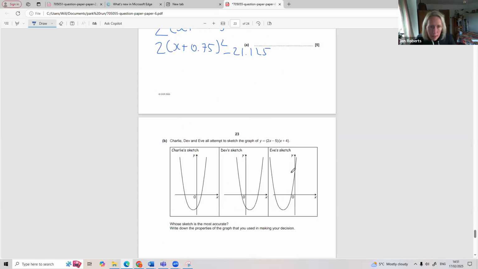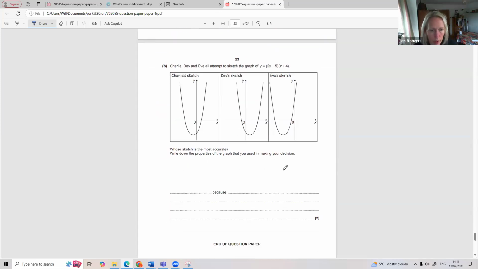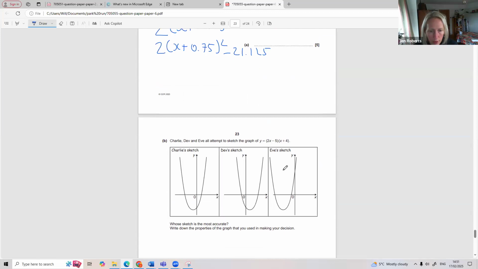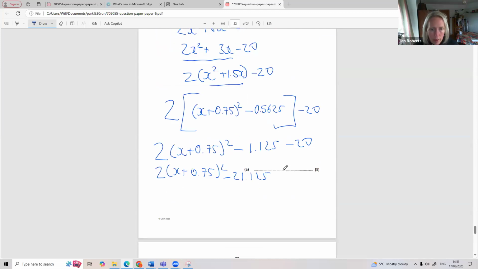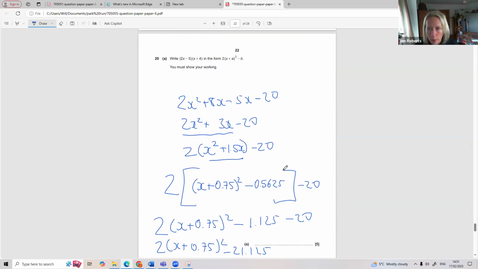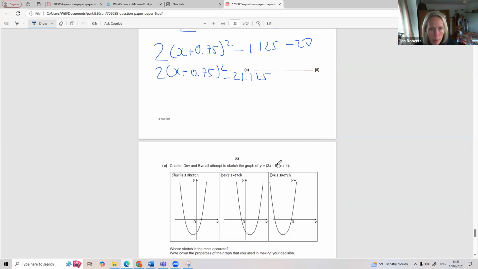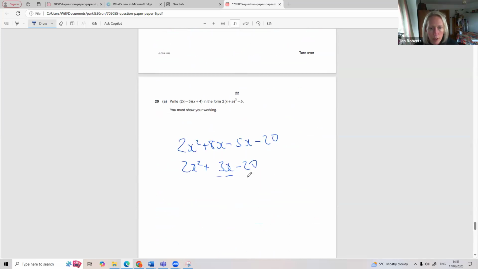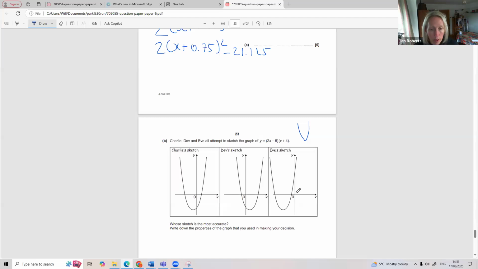Charlie, Dev and Eve will attempt to sketch the graph. So, whose graph sketch is most accurate? The whole point of completing the square is to work out the minimum or maximum value of the graph. I know this is a curve here, which is the same one as this one here. It's a curve with a positive x squared, so I know it's this way round. All of those are that way round, so it could be either still.